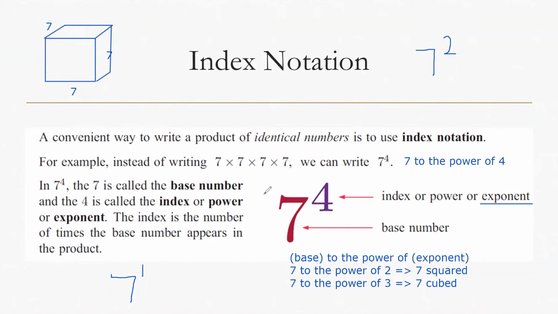Is your answer 7? Yes, the answer is 7. It's not exactly 7 times 1. The idea is that it's just itself, right? So any number to the exponent 1 will always give me the number itself back.